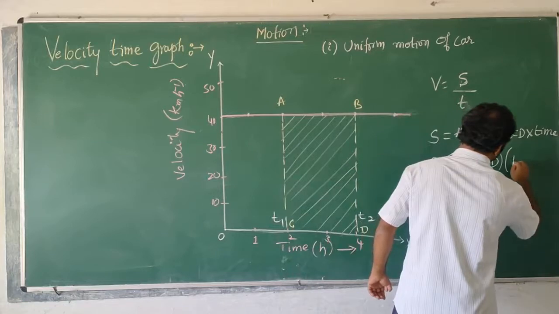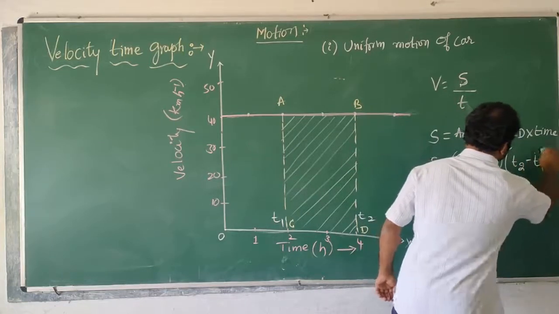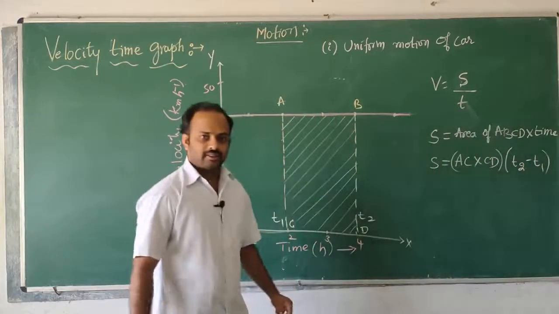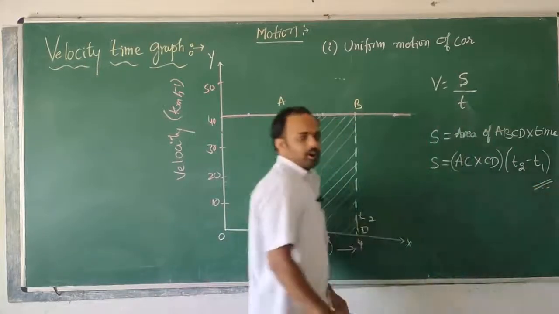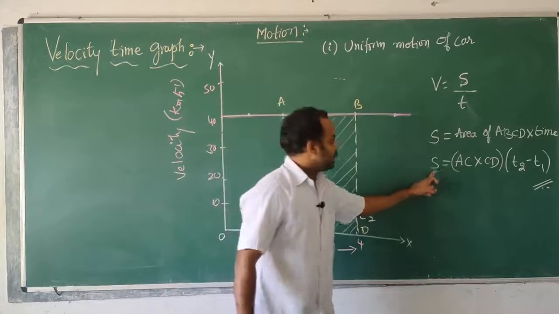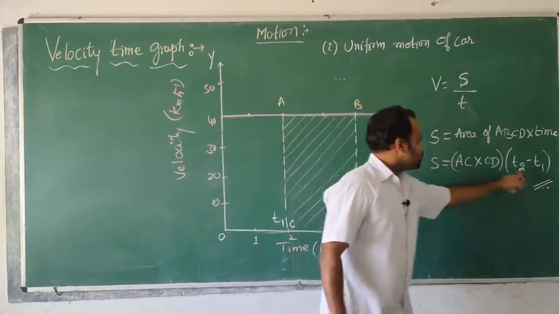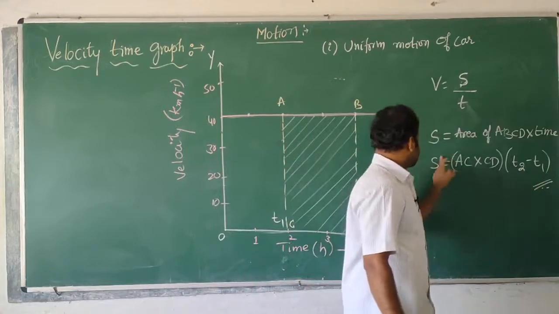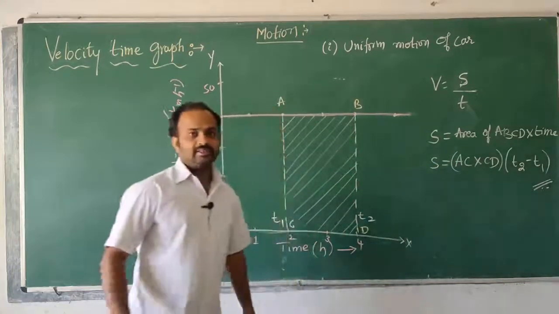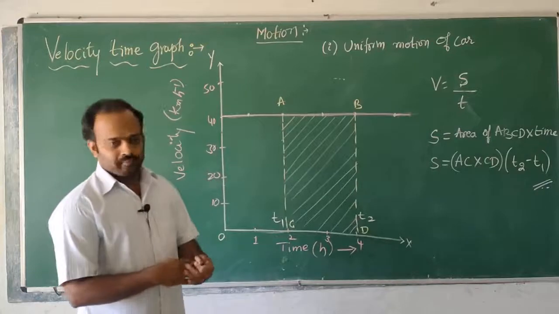What is the time? T2 minus T1. This expression, area of a rectangle into time taken, gives you the distance traveled by the object.